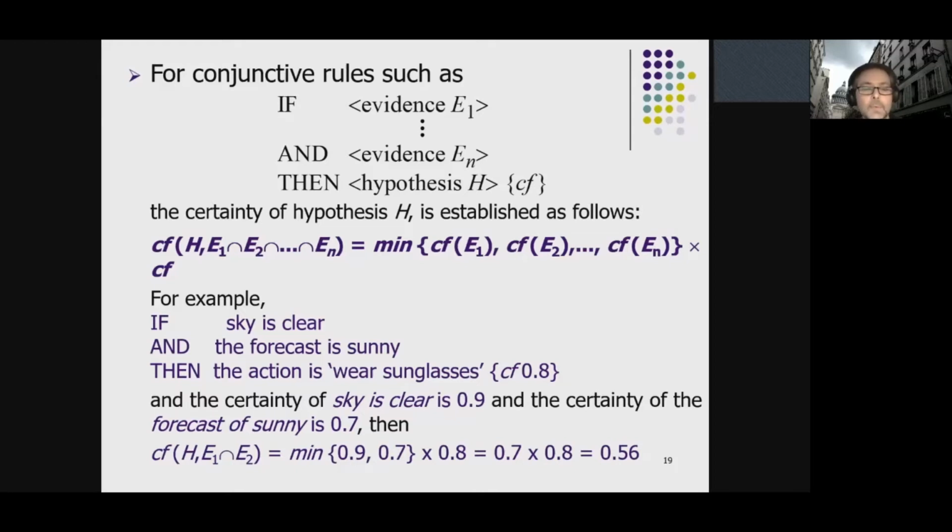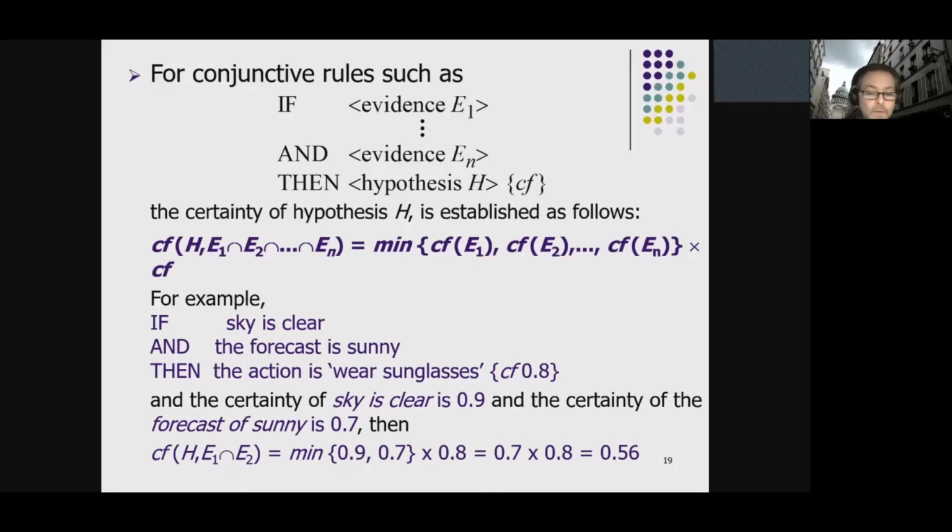Just a simple example to show you how it works. If sky is clear and the forecast is sunny, then the action is wear sunglasses with certainty 0.8. So let's say that we have collected some kind of evidence and that tells us that the certainty of sky is clear is 0.9. And the certainty of the forecast of sunny is 0.7.